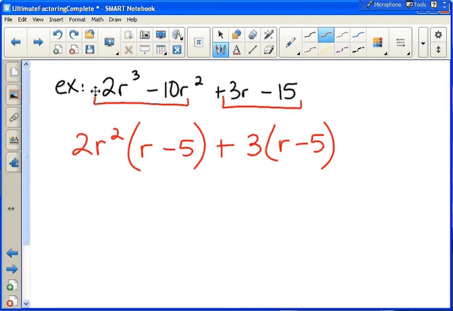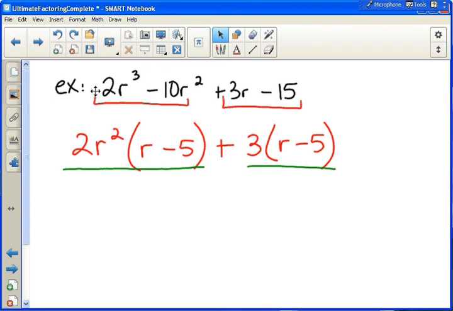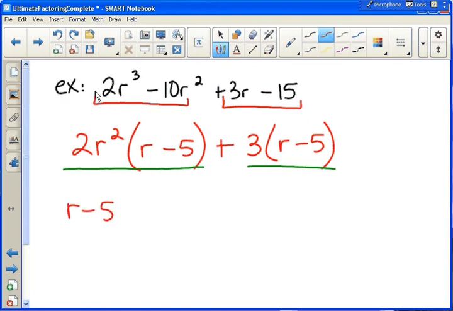Now I'm down to two big terms, and they have something in common. They both have r minus 5. So I'm going to factor out r minus 5, and that will leave me with 2r squared plus 3. And that is my final answer.